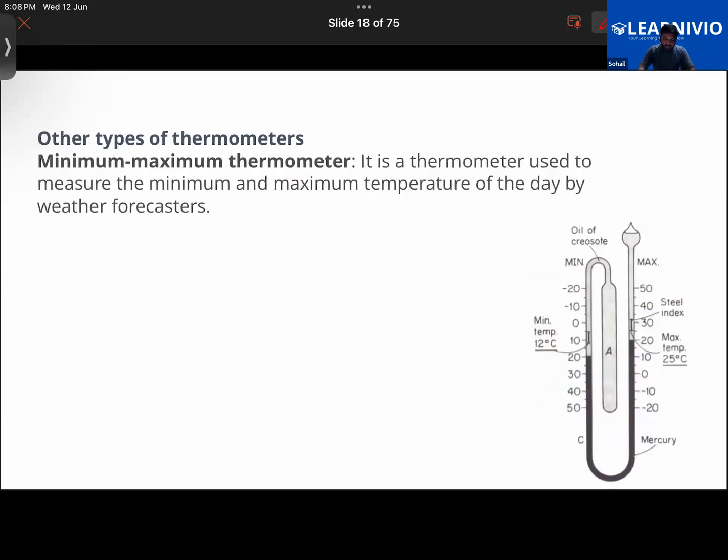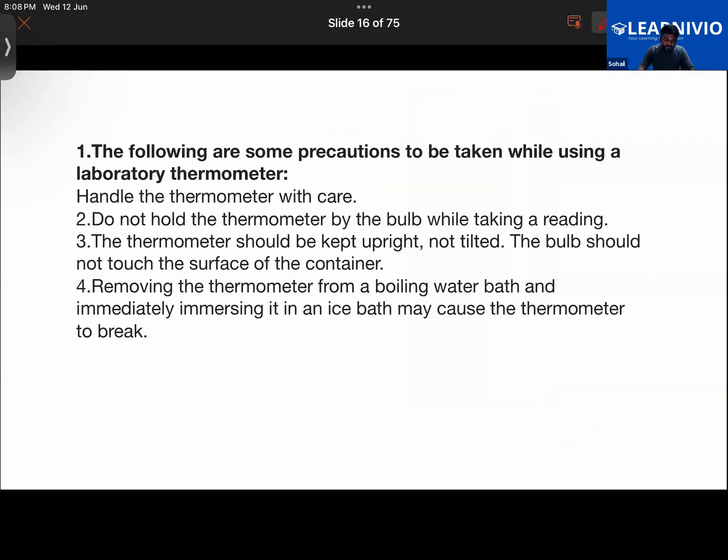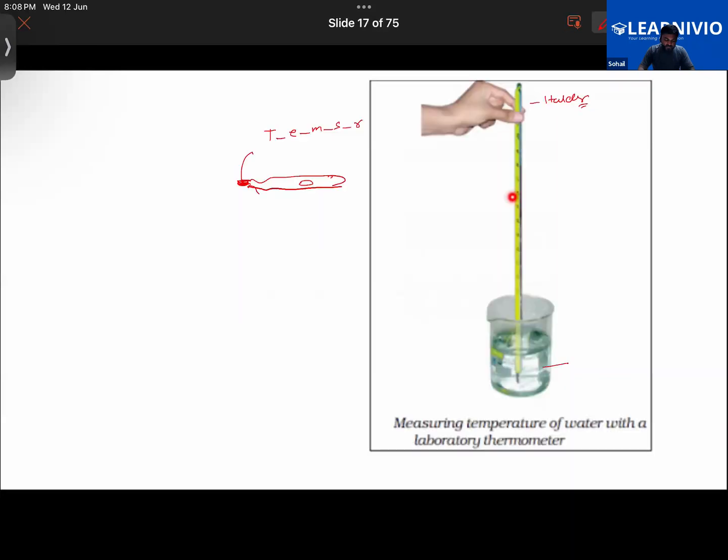So the laboratory thermometer should be held vertically above the liquid of which you want to take the temperature. It should not be tilted like this. Don't hold it like this. That would be wrong.